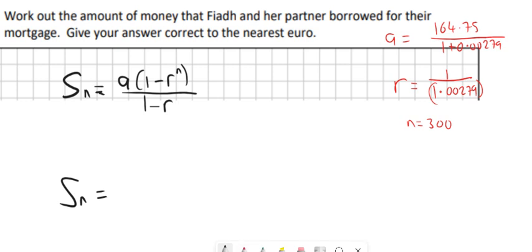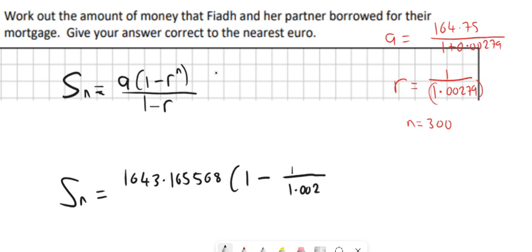So that's 1643.165568. So that's A. I'm going to multiply that by 1 minus what R is. R is 1 over 1.00279.